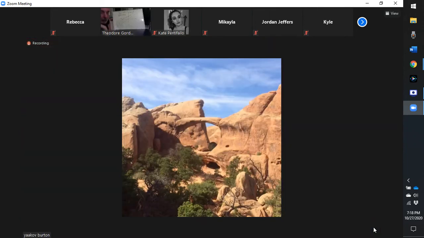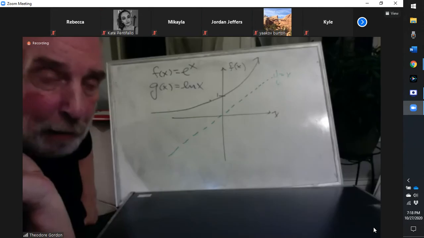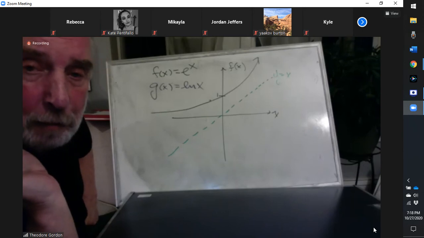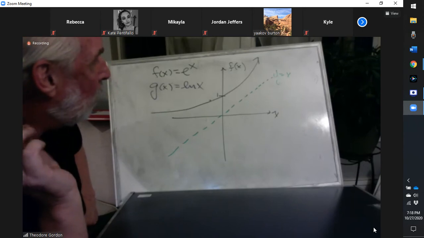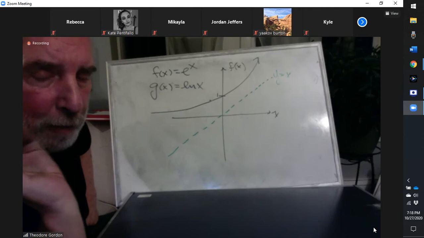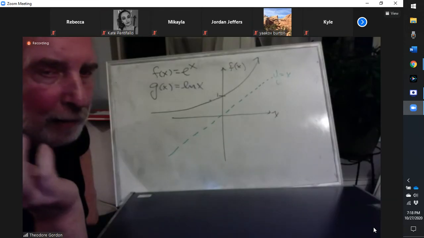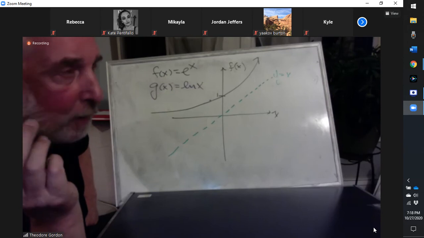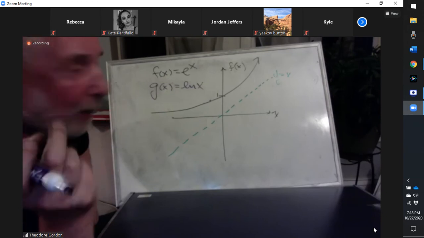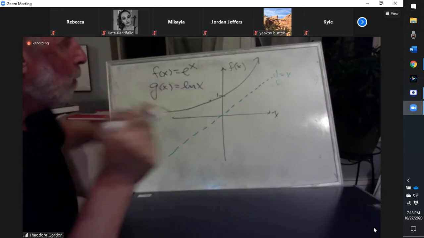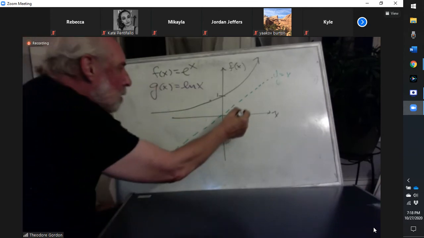Inverse. They are inverses of each other. That was Yakov, right? Yeah, nice. Yep. So functions and their inverses undo each other, like the square root of x squared is equal to x. So they reflect over these lines.